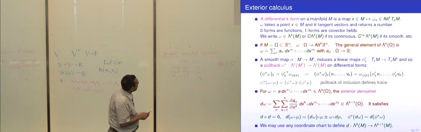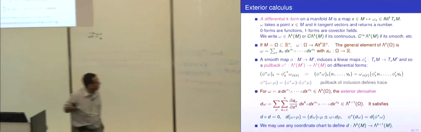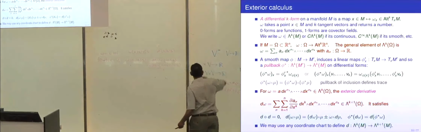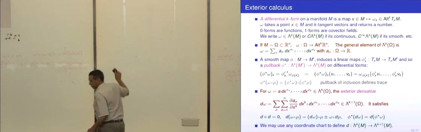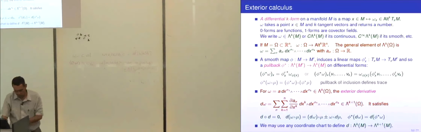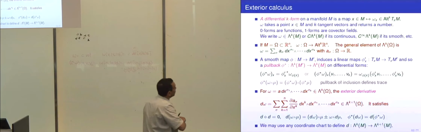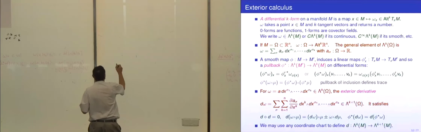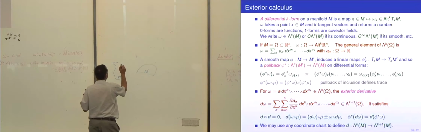Okay, now suppose we have a manifold M and a manifold M prime and a smooth map between them. So they have to be differentiable manifolds, so we can talk about the derivative of that map. So we have our manifold M here and M prime here, and we have a point x on the manifold with a tangent space.